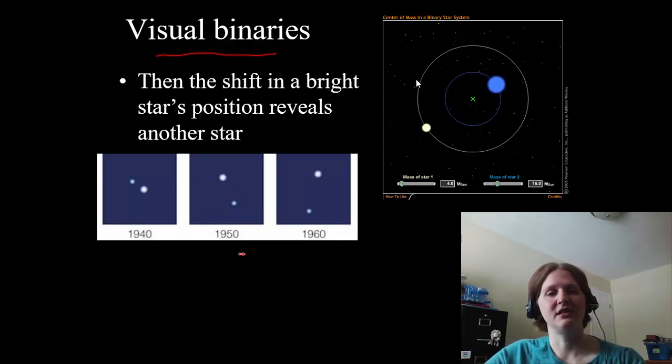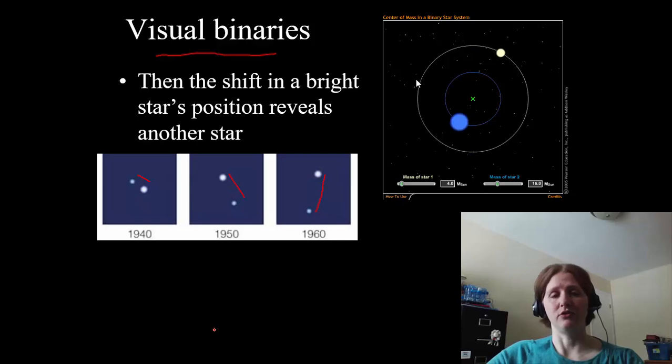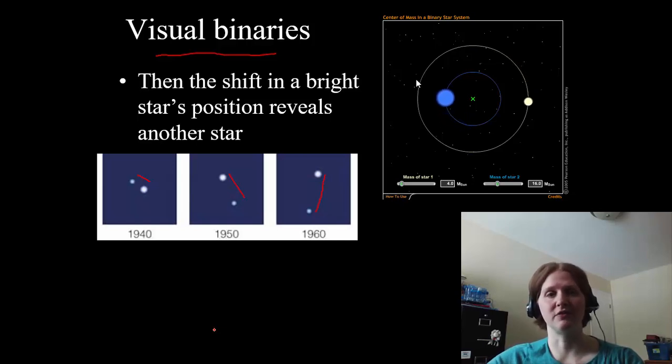You come back in 1950, you can see that they've moved. Come back in 1960, they moved even further. So if you can figure out how long it takes for one full orbit, and you can figure out their average separation, it would let you determine the total mass of those 2 stars.